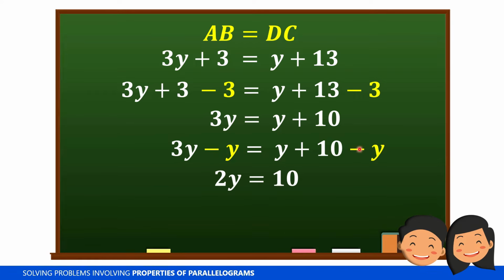Next, to solve for y, let's multiply both sides by 1/2, or let's simply divide both sides by 2. 2y divided by 2 is equal to y, and 10 divided by 2 is equal to 5. Therefore, we have solved for the value of y, which is equal to 5.